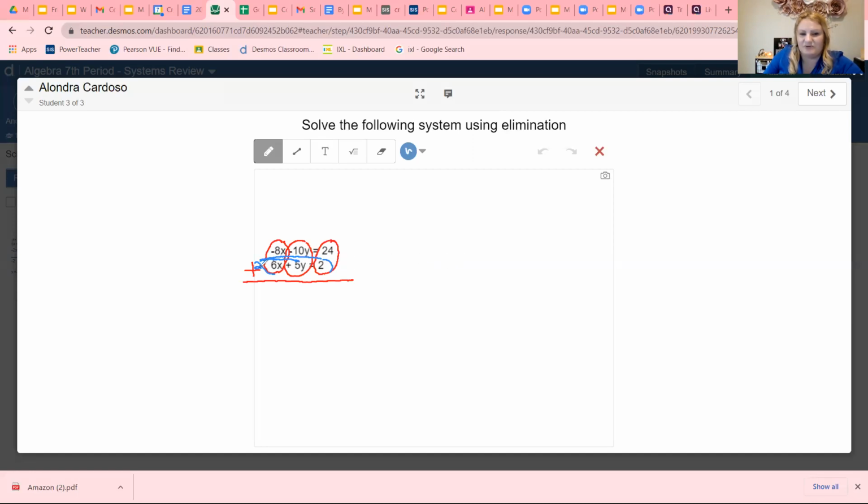If I multiply the middle by 2, I have to multiply the 2 times the 6x, and then 2 times the 5y, which is 10y, and then 2 times 2, which is 4. So I took the number 2 and I multiplied it by everything in this bottom equation.